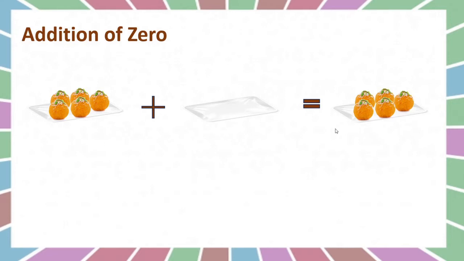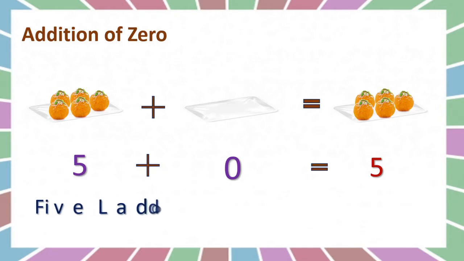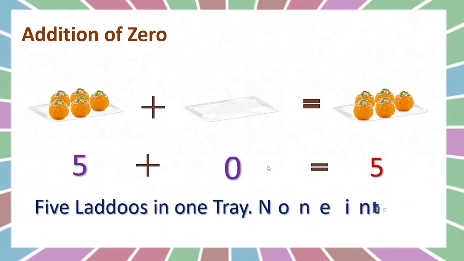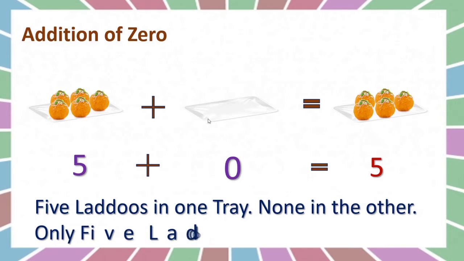Okay, same thing we will use numbers and will write. This is 5 laddus plus 0 laddus is equal to 5. Correct? 5 laddus in one tray, none in the other, only 5 laddus in all. Got this, children? Means whenever we add 0 to any number, we get the same number. Correct?